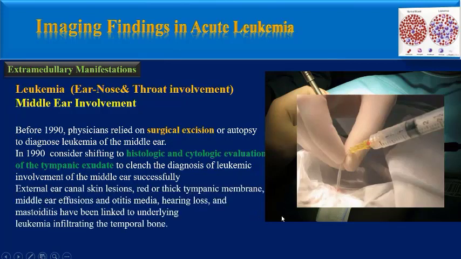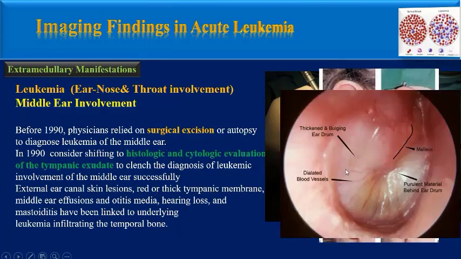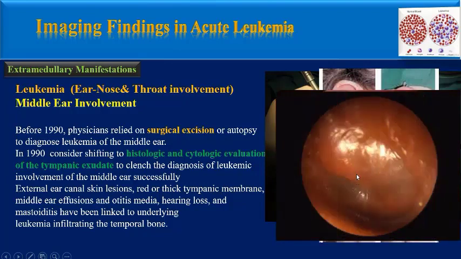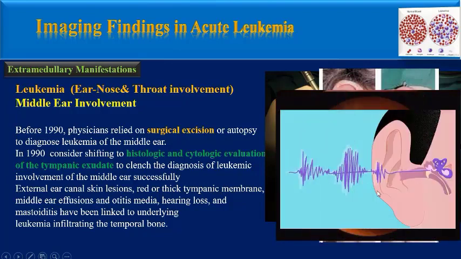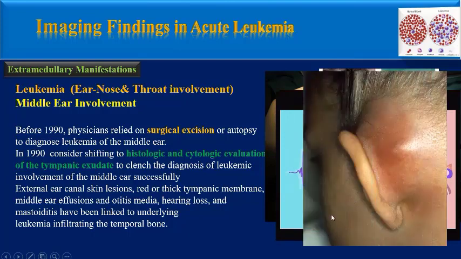External ear canal skin lesions, red or thick tympanic membrane, middle ear effusions and otitis media, hearing loss, and mastoiditis have been linked to underlying leukemia infiltrating the temporal bone.